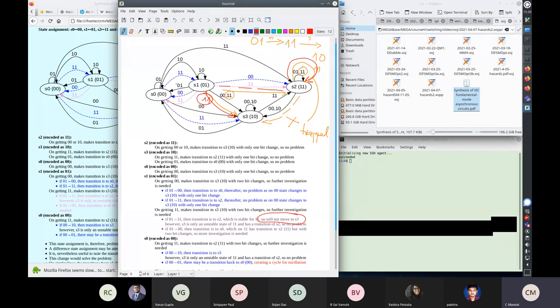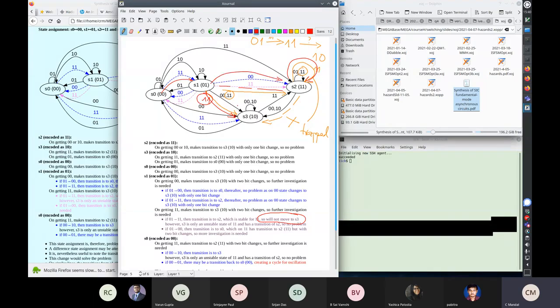So if you investigate further, what is happening is, as it tries to move to S2, if you have a single bit change, it might come back here, and then it might come back here. And this on 1 1 could move over here.